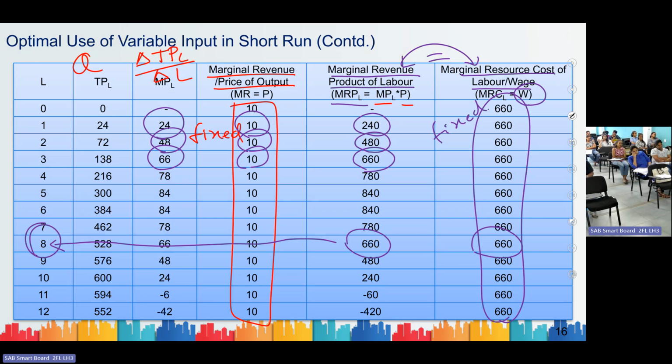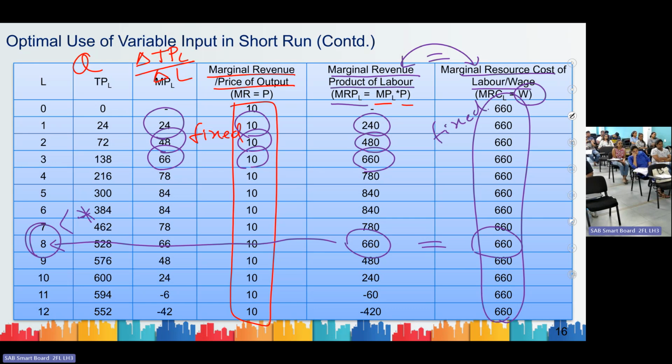So the optimum level of labor is 8 units. That is L star. It is 8 units because that is the level of labor where marginal revenue product of labor is equal to marginal resource cost of labor.